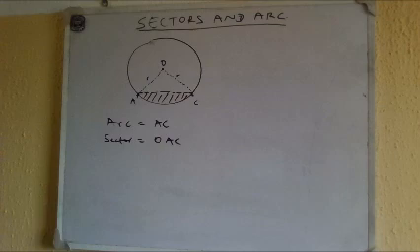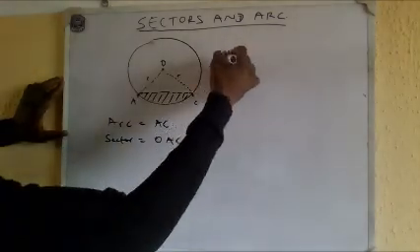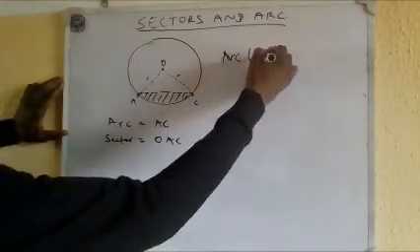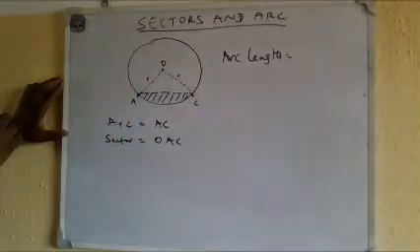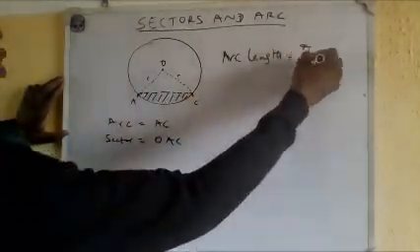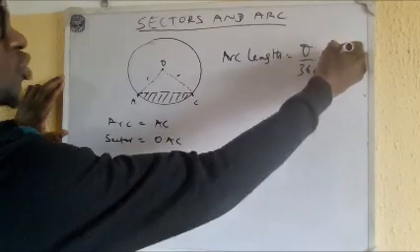Okay, so now arc length. The length of an arc depends on the central angle, which is part of the circle's total angle of 360 degrees. So the formula for the arc length is given as theta over 360 times 2 pi r.